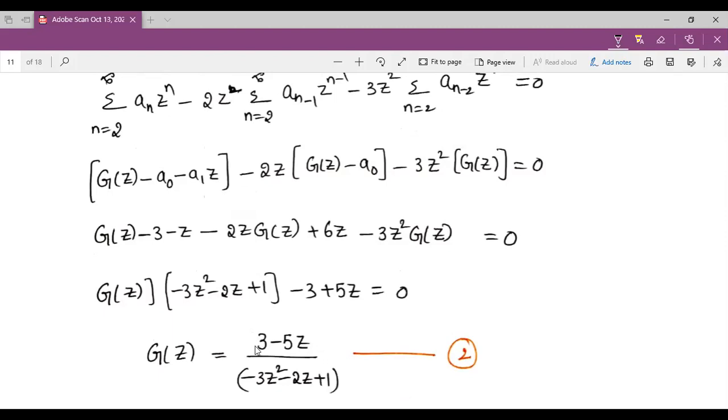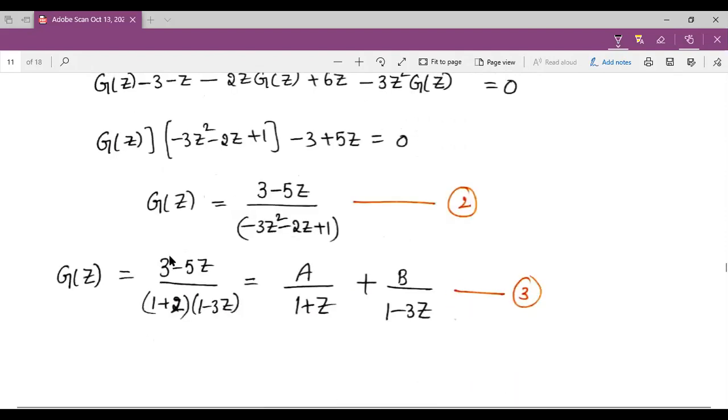Now we resolve this fraction into partial fractions. So g of z is equal to 3 minus 5z by, we get the factors for this equation 1, minus z into 1 minus 3z, that is 1 plus z into 1 minus 3z. So this can be written as a by 1 plus z plus b by 1 minus 3z. Let it be equation 3. From this we find the values of a and b.